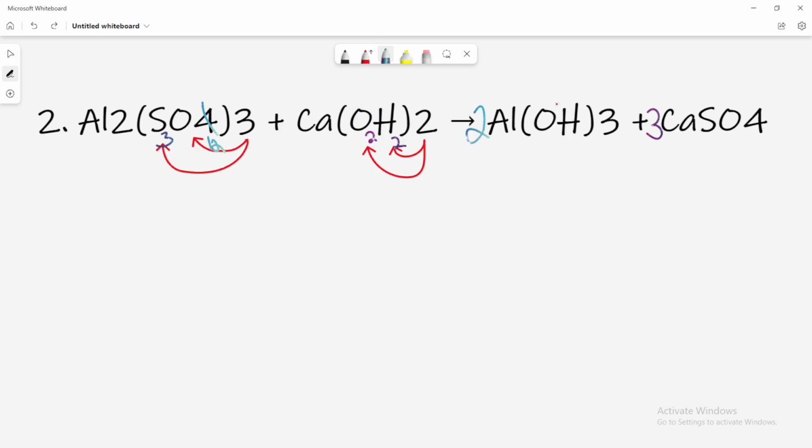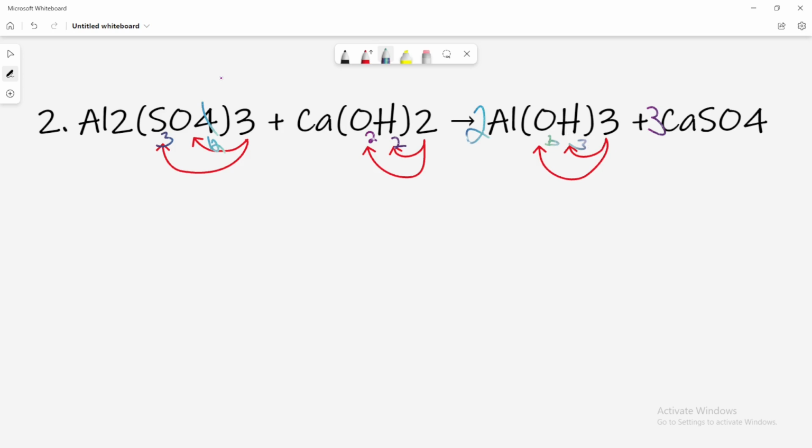So that 14 with the right side now, we get to multiply this inside the parentheses with this. So this O is going to become 3, of course 3 times 1, and then 3 to H becomes 3.